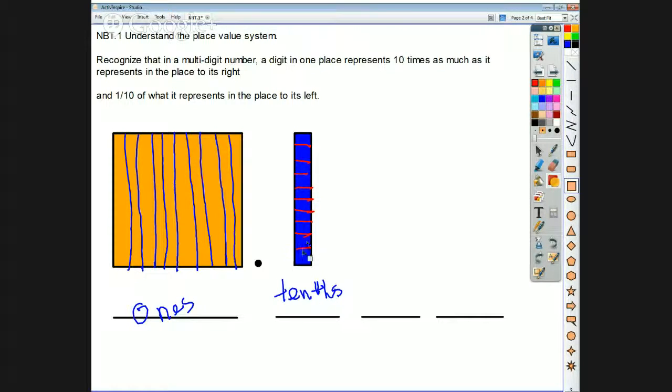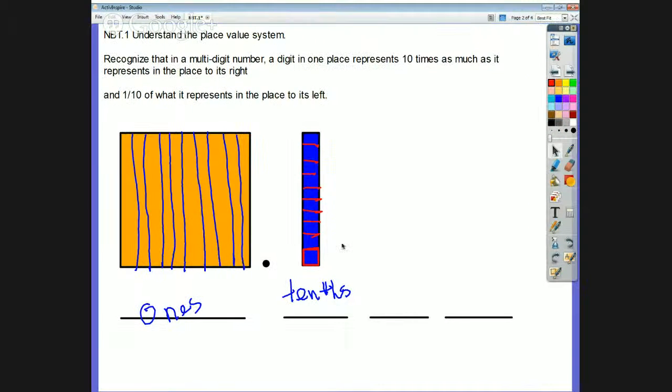So this piece right here represents the hundredths, the next spot over. So on and so forth.